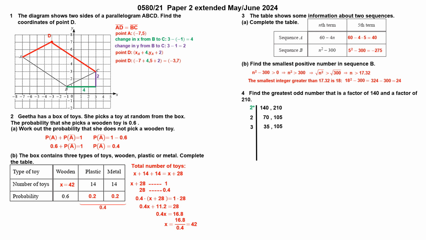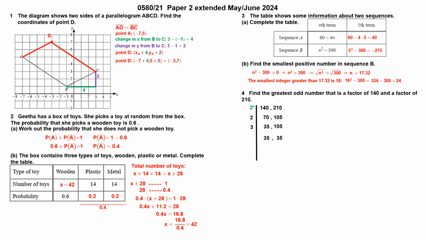The number 3 is a factor of 105, but not of 35. Thus, we will not mark prime number 3 either, as it is only a factor of 105. When we divide 105 by 3, we get 35, and we will place this value next to the existing 35.